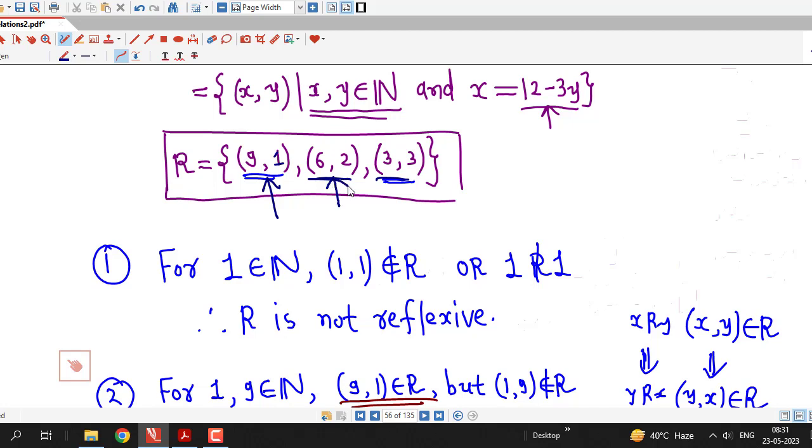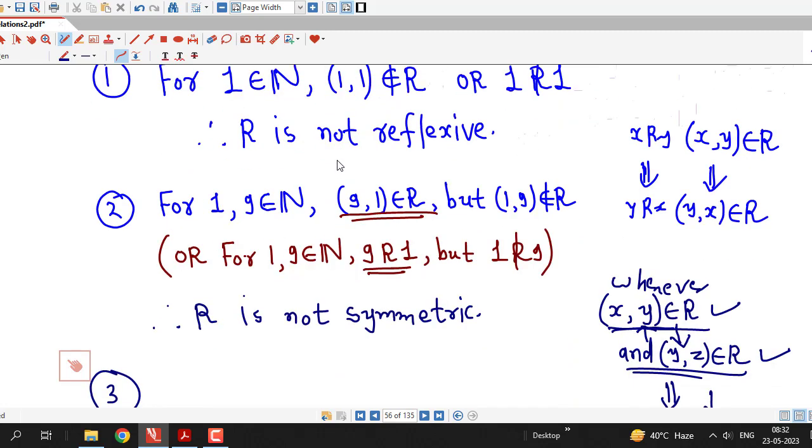Similarly, if we concentrate on this ordered pair, then the second component is 2 here, and for these two ordered pairs the first component is not 2. Similarly, if we check for this element, then the second component is 3, but 3 is not the first component of any other ordered pair.